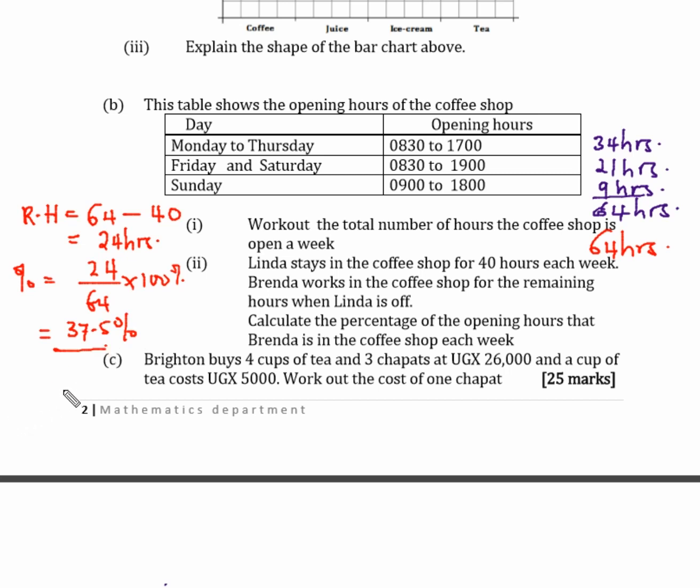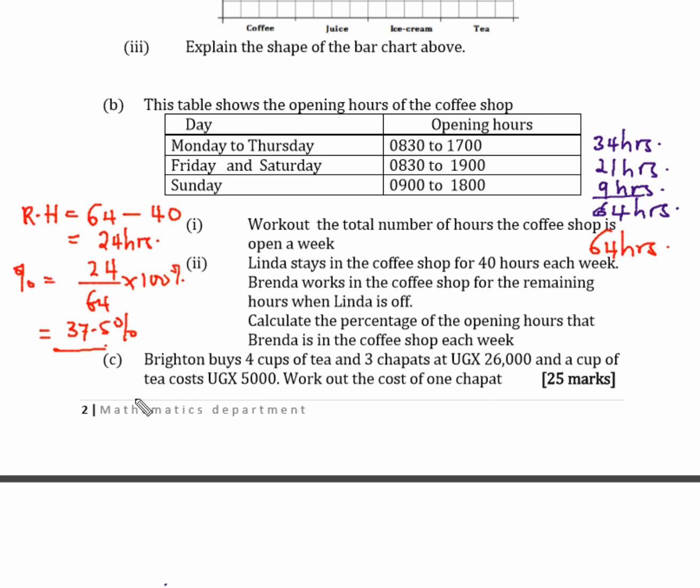Finally, part C. Brighton buys 4 cups of tea and 3 chapatis at 26,000 Ugandan shillings, and a cup of tea costs 5,000 Ugandan shillings. Wow. Work out the cost of 1 chapati.